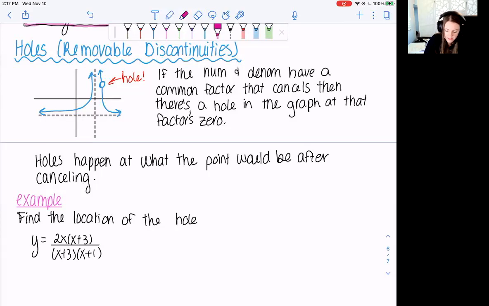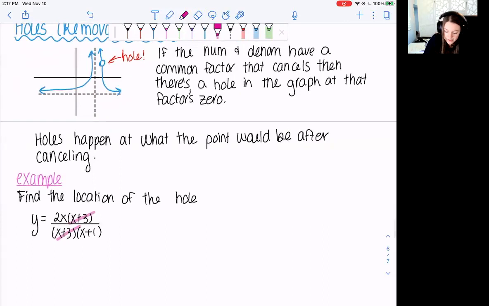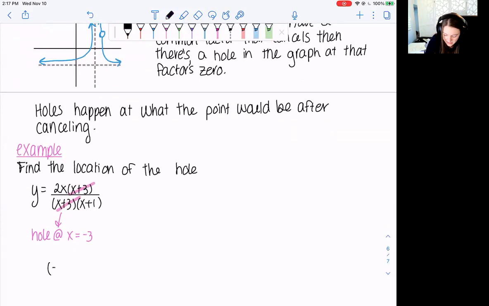What you're going to notice is that these x plus 3s are going to cancel. And because the factor in the numerator and denominator canceled, we know that there is a hole, and it's going to be at x equals -3. So we're trying to find the location of this hole. We know that the x value is -3.